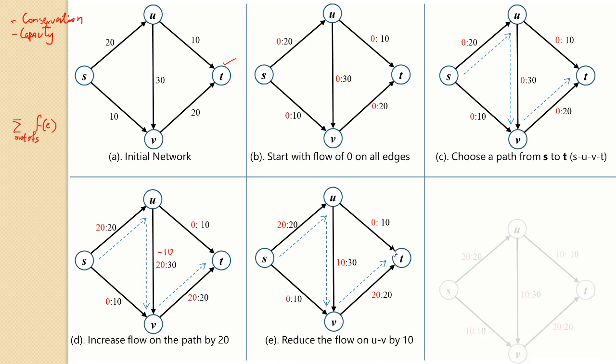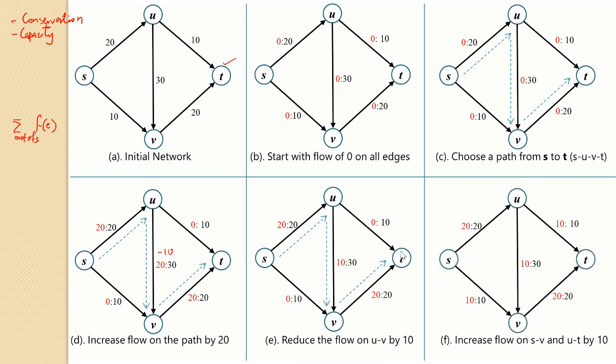So that we are going to do in the last step, where we increase the flow on SV, that is this line, by 10, which is the same 10 we subtracted from UV, and also increase the flow on UT by 10. So at this point we have a maximum flow, and now you can see that the flow here is maximum at 30, which is actually the most efficient flow we can get.